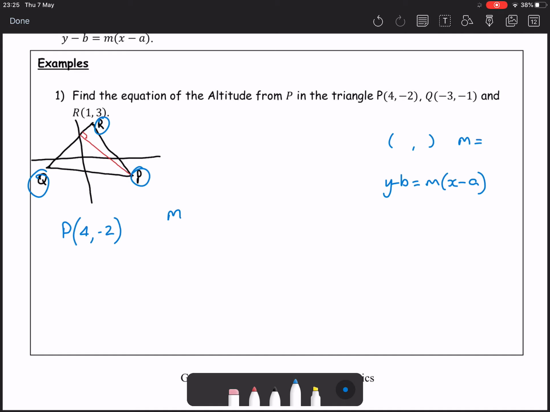Our gradient will come from the two other points that we've got, Q and R. Using our gradient formula, m, the gradient of QR, is y2 minus y1 over x2 minus x1.